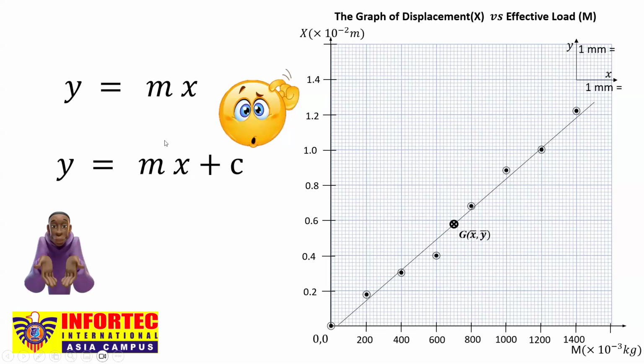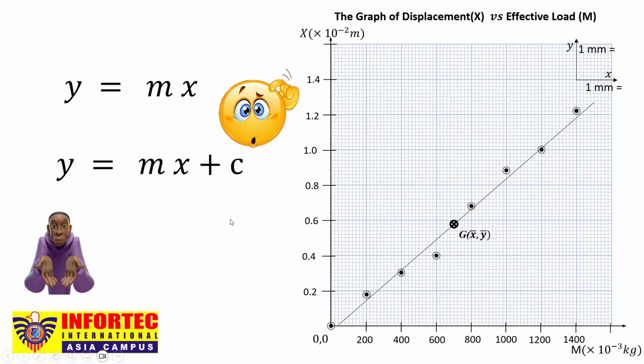Sometimes graphs are of the form y equals mx, where m represents the gradient of the graph. Sometimes the linear graph is y equals mx plus c. Here m is the gradient and c is the intercept of the graph, right? Then we can find some constant using the slope or the intercept of the graph, right?